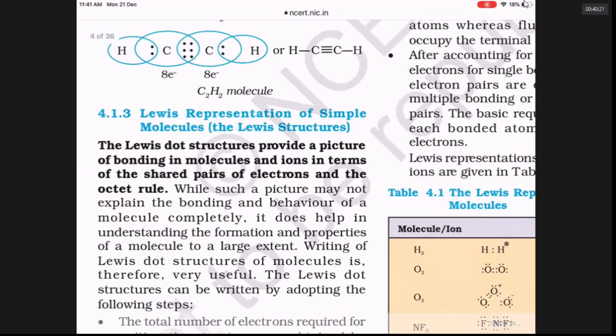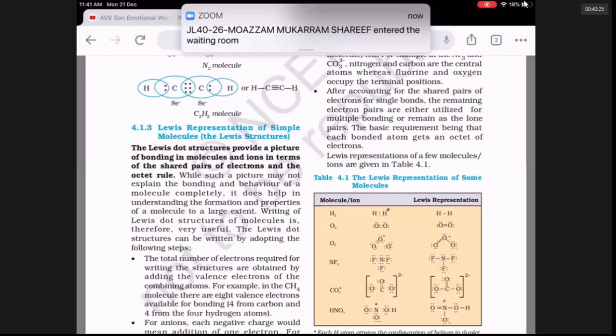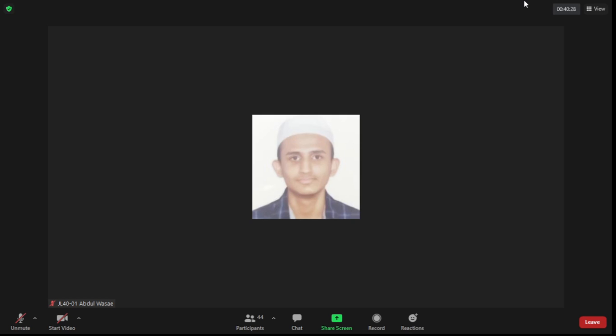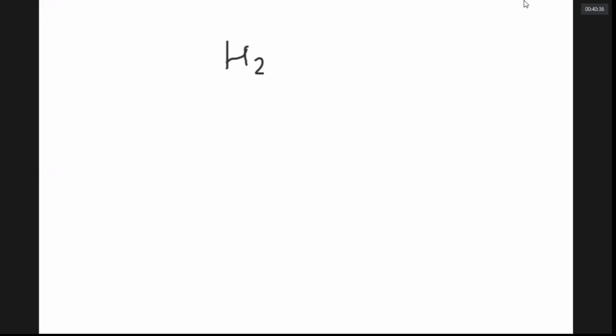Let us try to learn how to write the Lewis dot formula. Let us start writing the Lewis dot formula for H2 formation. In H2, how many hydrogens are there? 2 hydrogens are there. Each hydrogen has how many electrons?